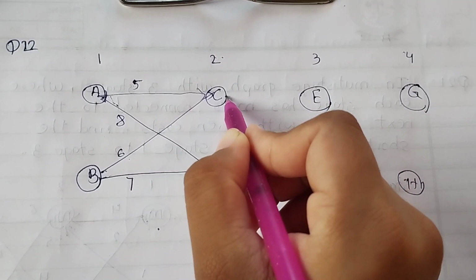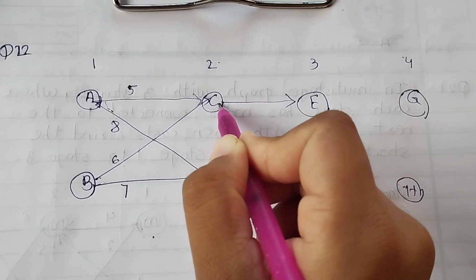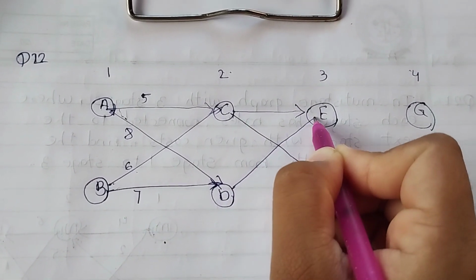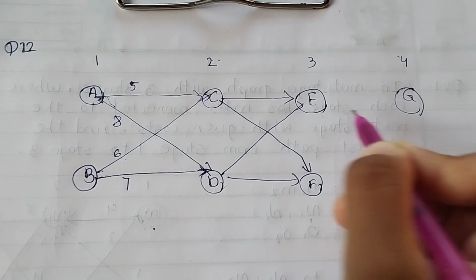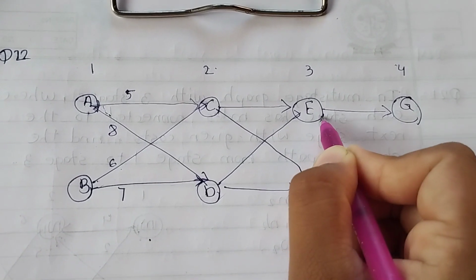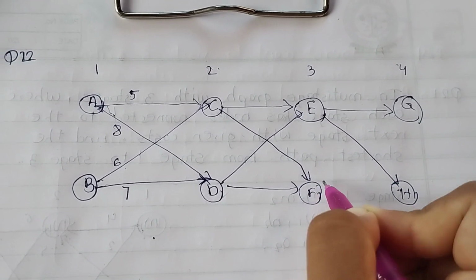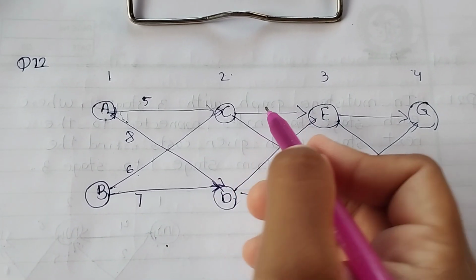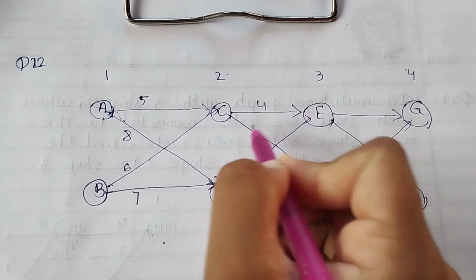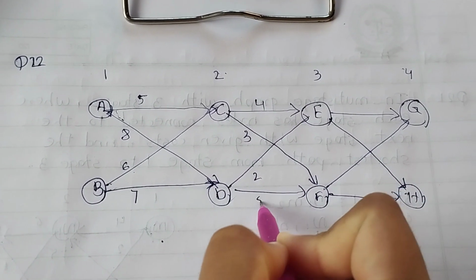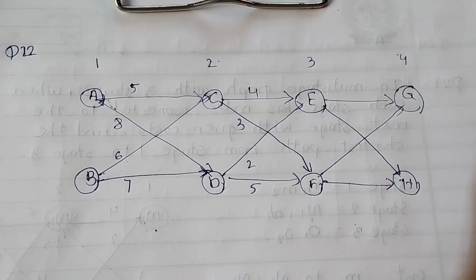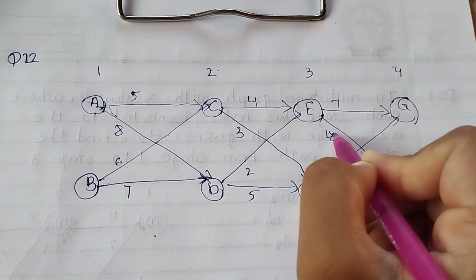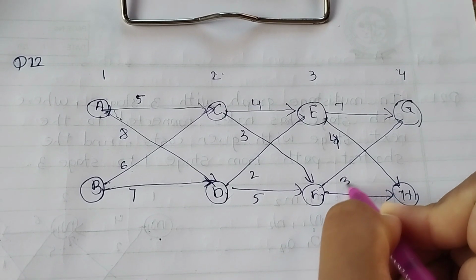Now C reaches E and F. D also reaches E and F. Next, E reaches G and H. F also reaches G and H. Values are here 4 and 3, 2 and 5. You can assume any values, it's okay, because the question does not mention any values. 4, here 3 and 8.